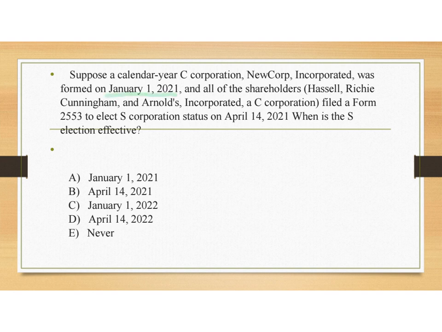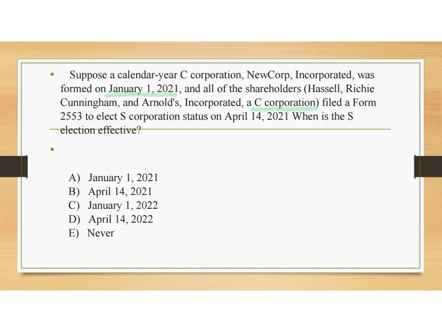All of the shareholders, Hassel, Ritchie Cunningham, and Arnold's Incorporated, a C corporation, file a Form 2553 to elect S corporation status on April 14th of 2021. When is this S election effective?